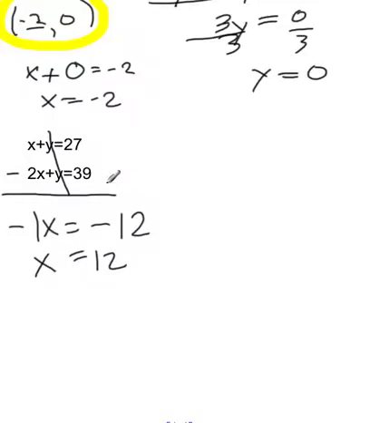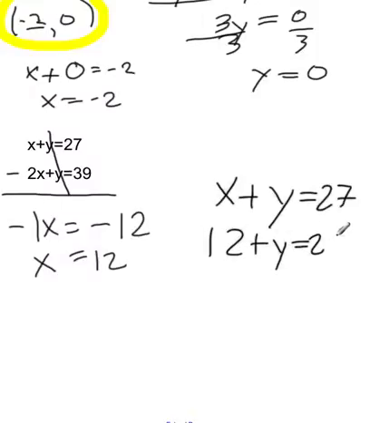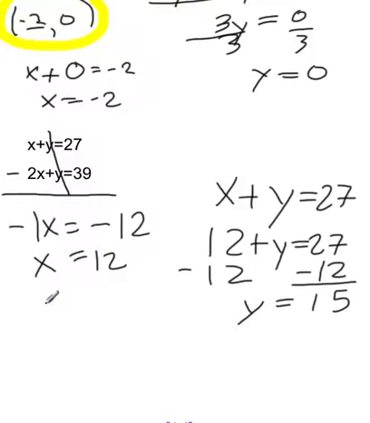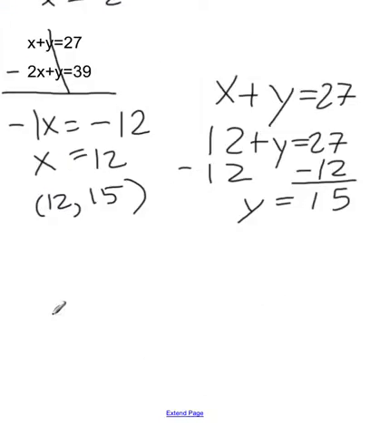Now I need to find y. Well, I'm going to choose my first equation to do that. X plus y equals 27. I plug in 12 for x, and I subtract 12. Y equals 15. So the solution I've got here is 12 comma 15. And I'm going to use my second equation to check it. Now the check step is actually optional, but I just want to show you several times so you know how to do it.